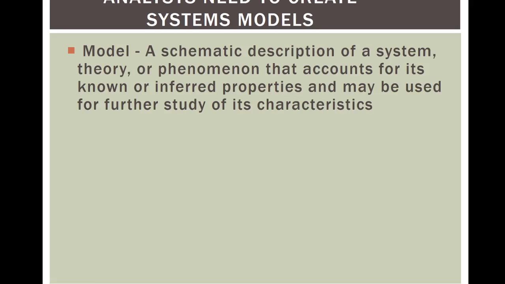So we're going to talk about modeling and modeling systems and their processes and functions and all that good stuff. And so, first, what is a model? Why do we need a model? A model, depending upon how we're doing things, can be a schematic description of something.